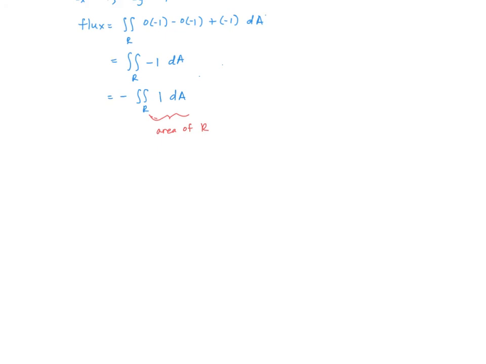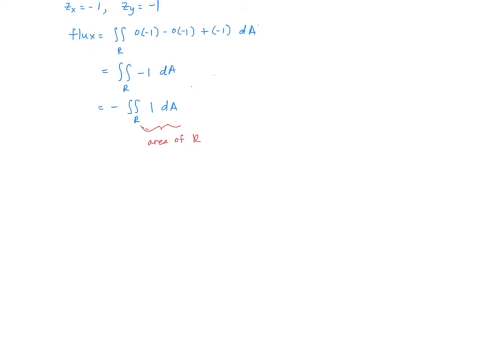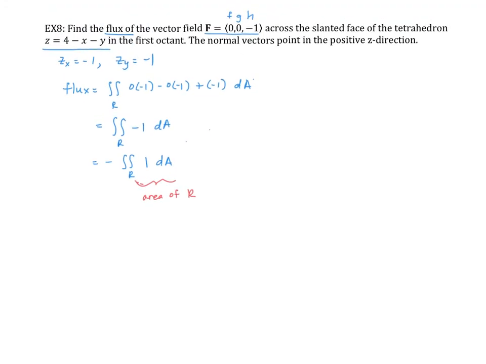So what is my region? Well, remember, this is in the xy plane. So if we go back to our surface in the first octant, and we graph that in three-dimensional space, it may be easier for us to see what our region is in two-dimensional space. But you don't have to do this. So to graph the tetrahedron, remember if I set x and y equal to 0, I have z equal to 4.